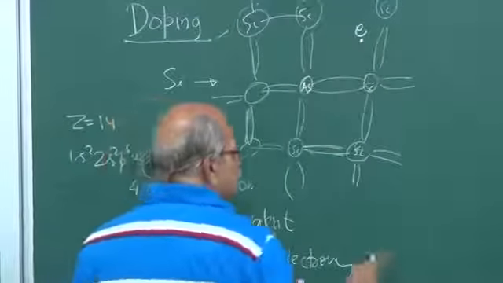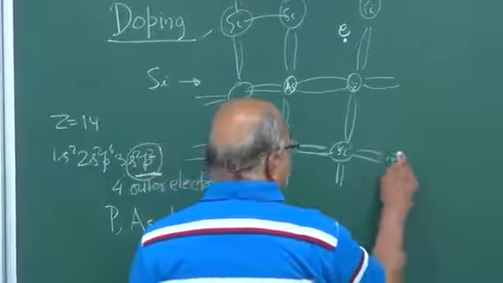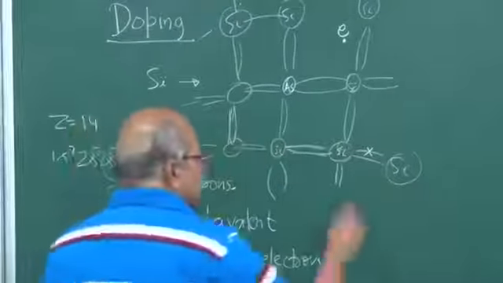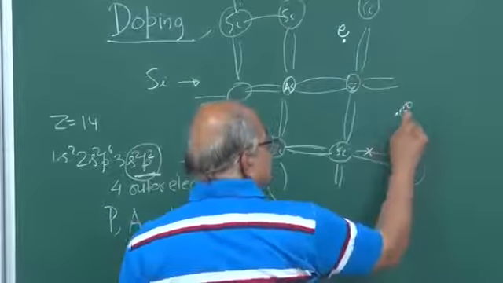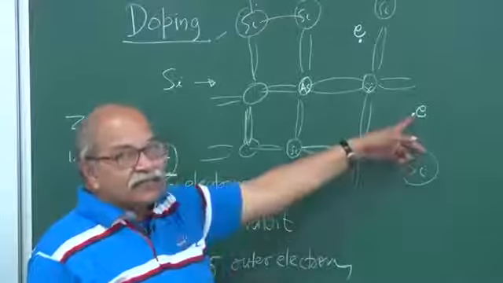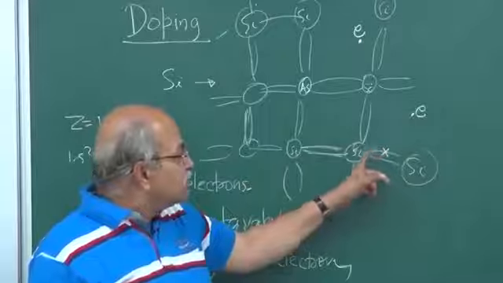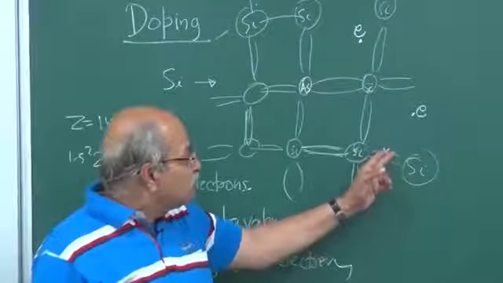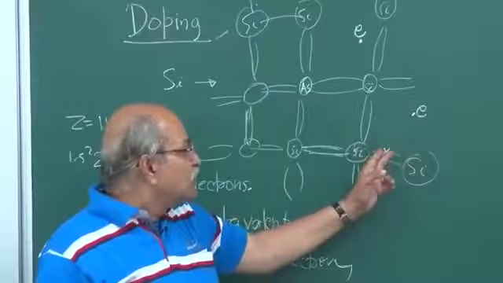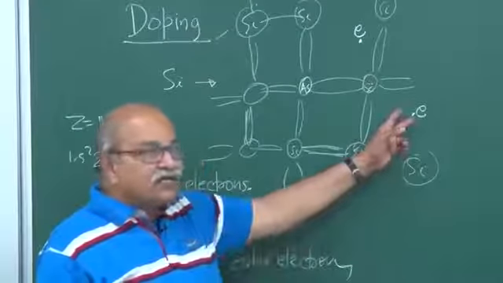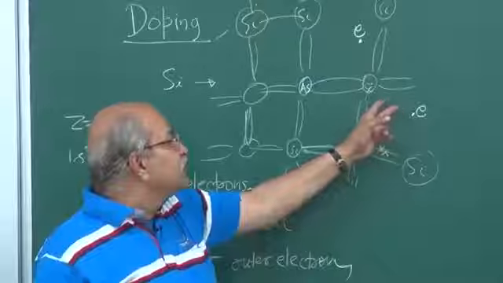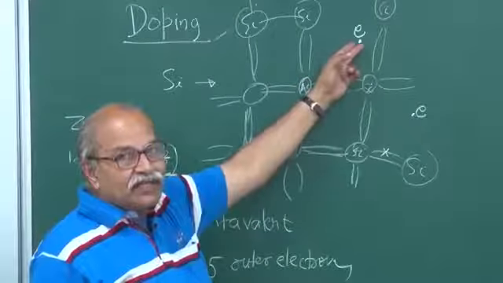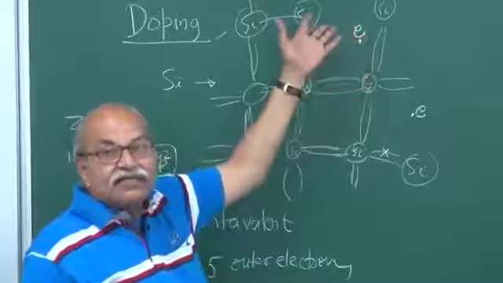Compare with silicon where a bond is broken and the electron goes from the valence band to the conduction band. Here the bond is not broken, but there is an extra electron outside the bonds.